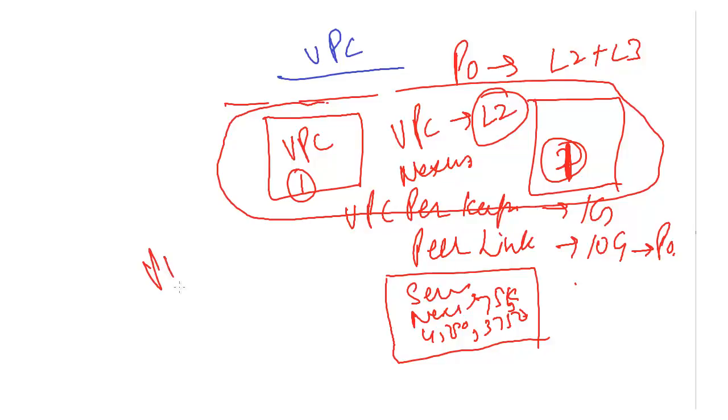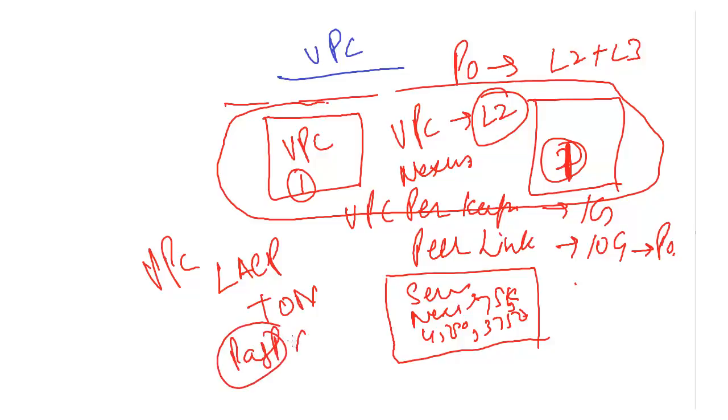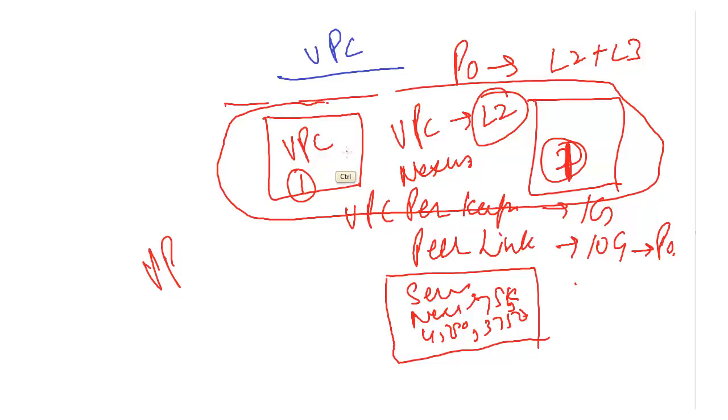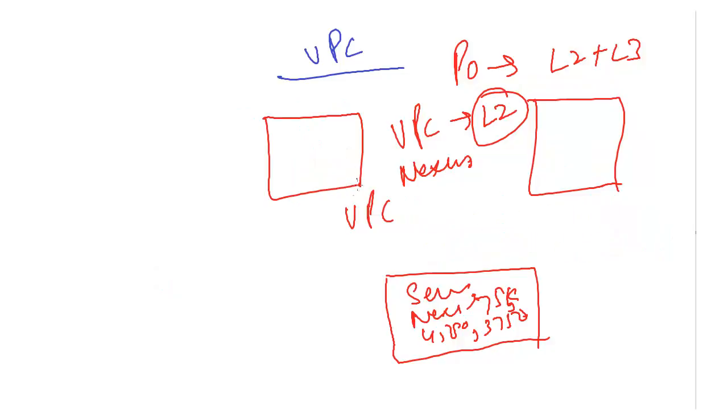And in vPC, LACP will work, which is by default enabled on the port channel. There is no concept of PAgP. It is not there in vPC, but in the case of traditional, you'll find it. One more thing about it.